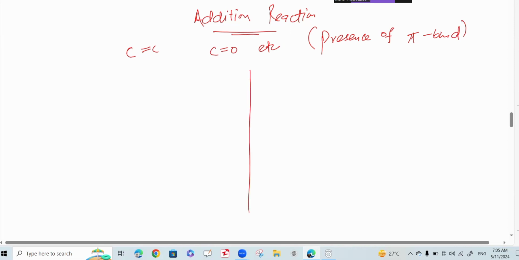One is called electrophilic addition reaction. Let me make it clear that when there is a carbon to carbon or carbon to any other double bond, it doesn't like to have double bonds, because you know that one is stronger, one is weaker.